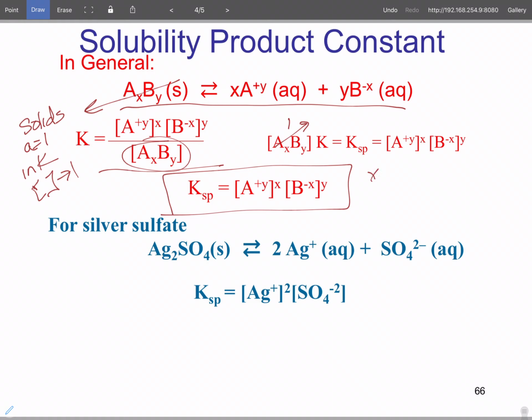And notice that the X values and the Y values are based on the charge. So it's critical that you know the charge of the species that you're dealing with. So for example, for silver sulfate, it's going to dissociate into 2 silver ions but only 1 sulfate ion. So when you get the Ksp, remember the solid is dropped out to 1, you have Ag squared times SO4 2 minus. Now notice our coefficients are 2 and 1 here.